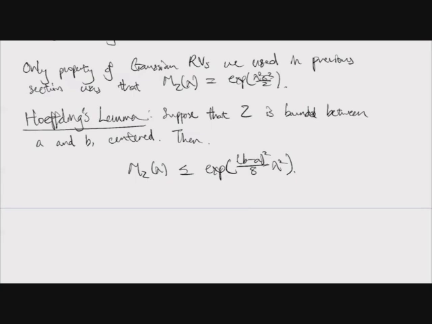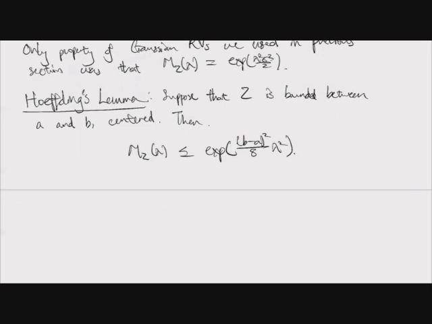But let's see how we can use this. What does this imply? We want to compare this to the e to the lambda squared sigma squared over 2 bound that we had for the Gaussian MGF. If I do a substitution, this is going to be equal to sigma squared lambda squared over 2 if I let sigma squared be equal to (b minus a) squared divided by 4.